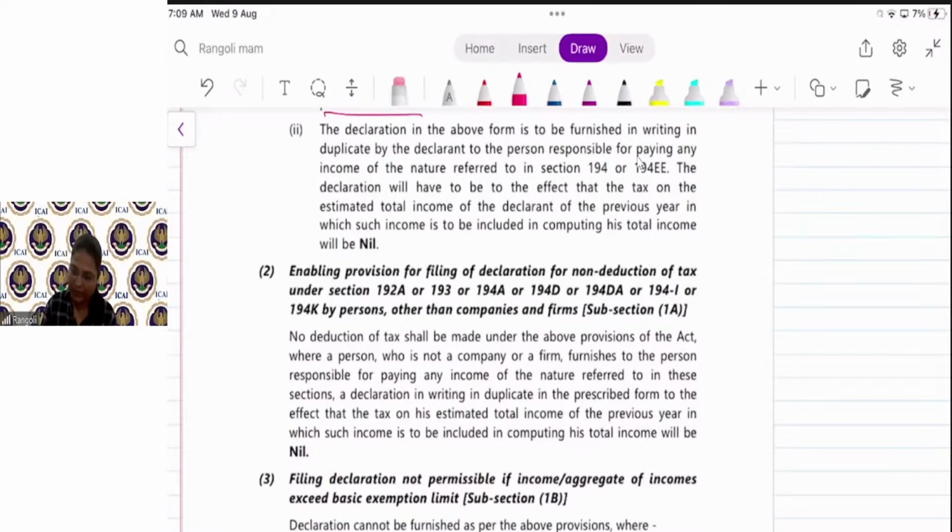Other than companies and firms, this provision is applicable to individuals and HUF. They can also apply in writing in duplicate in the prescribed form that their taxable income is nil, so kindly deduct TDS at 0%. That is non-deduction of TDS.